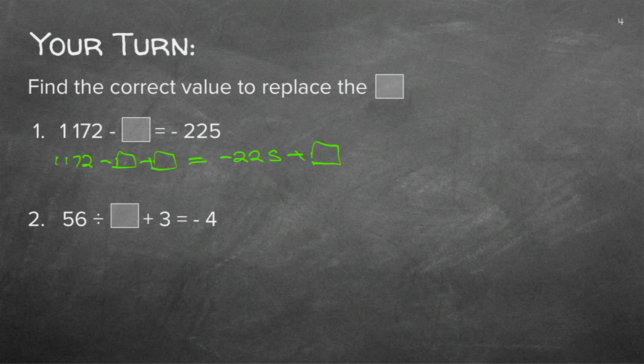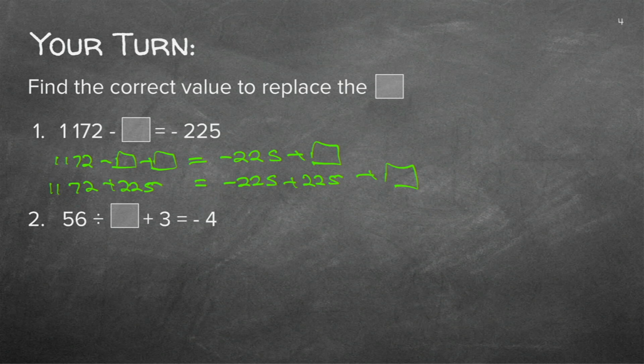Now in order to get the minus 225 to that side, we're going to say plus 225 plus this block is going to give us 1172 plus 225, right?